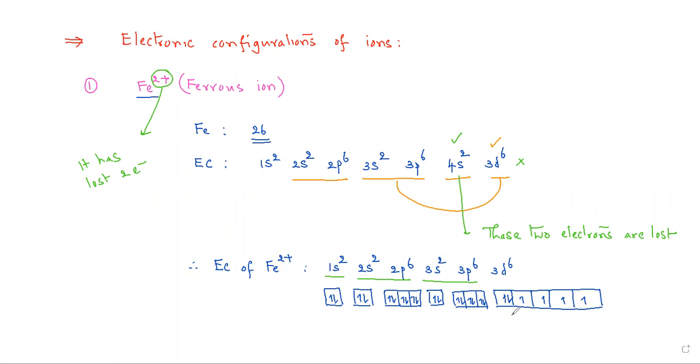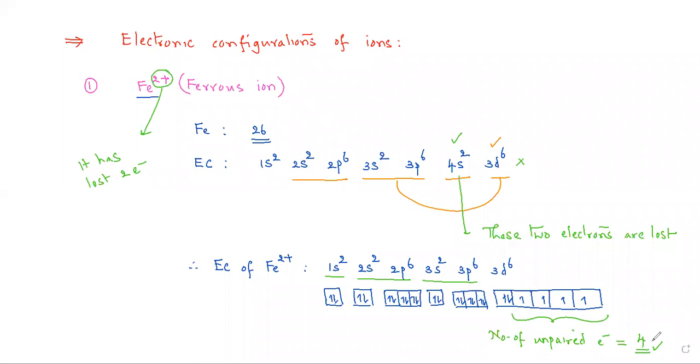Even this forms an important point. The number of unpaired electrons is 4. A basic information. I am not going into the details of all this. The only thing that I am discussing is the electronic configuration.